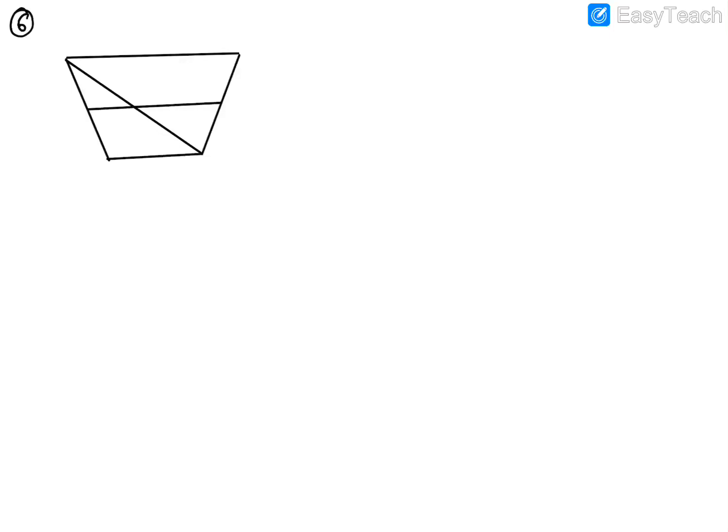Okay, so I'll label everything now. This is A, then this is B, this point is C and D. It's also given that all these 3 lines are parallel to each other. This is a point P, that's a point Q, and that's a point R. Okay, so that's the whole figure here.